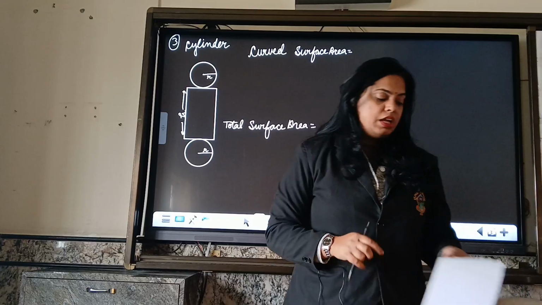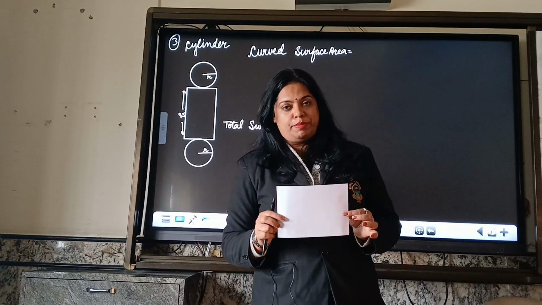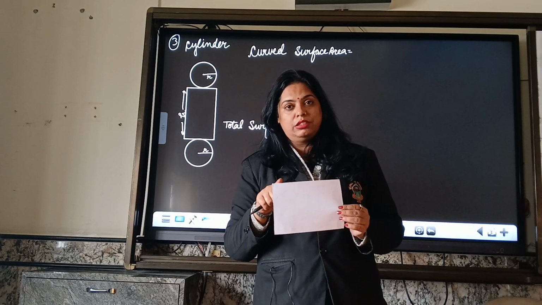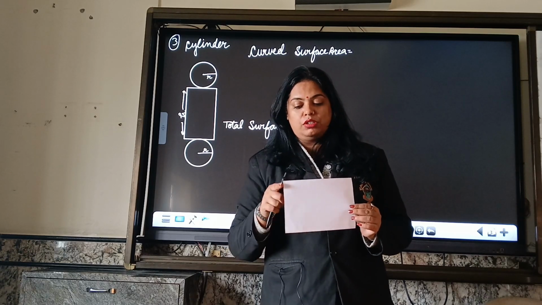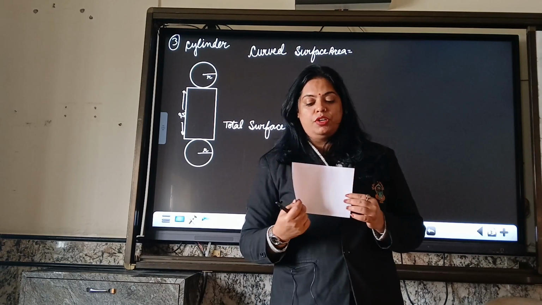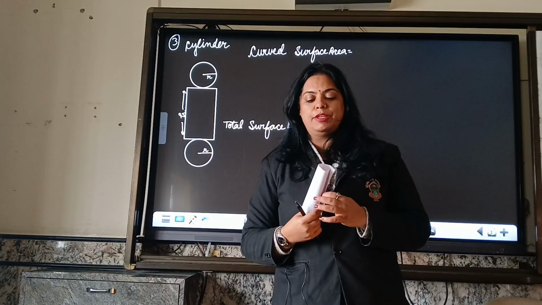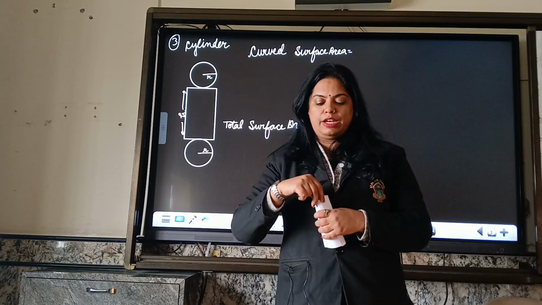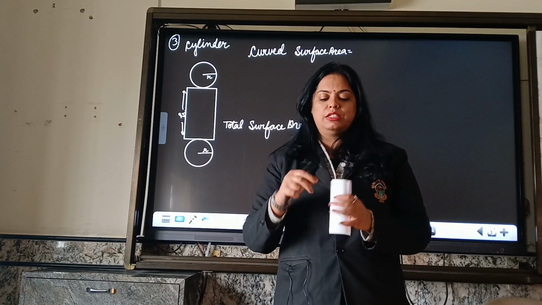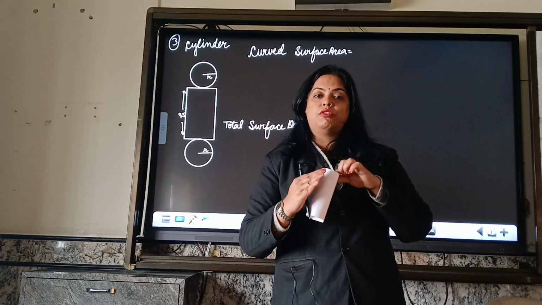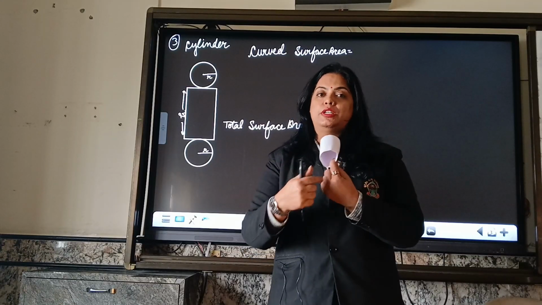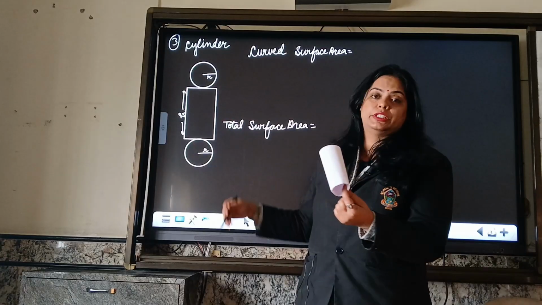See, I have a rectangular piece of paper. Here is the length and this is called the breadth. If along the breadth I fold this rectangular piece of paper, what will I get? I will get a cylinder. This is called a cylinder. It has one curved portion and 2 circular parts, which I have drawn already over there.